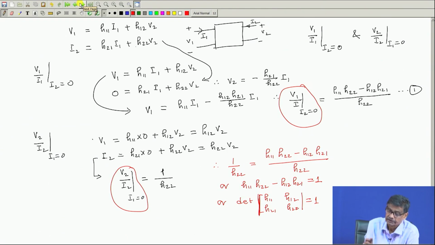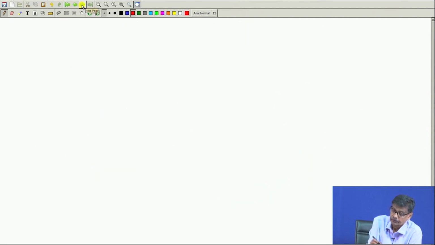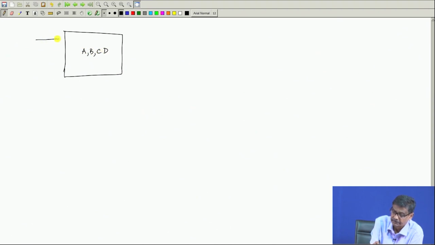So, let us do it once again. A network is like this. Suppose this network is expressed in terms of T parameters or ABCD parameters.